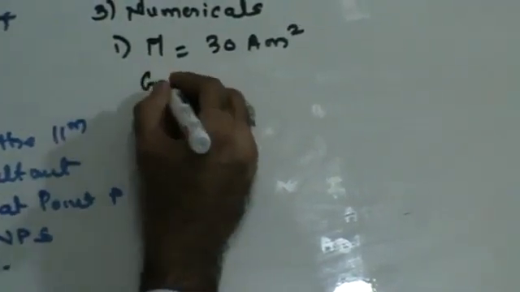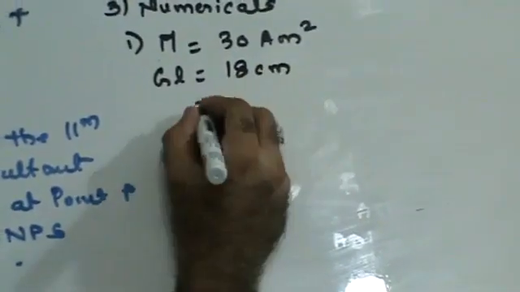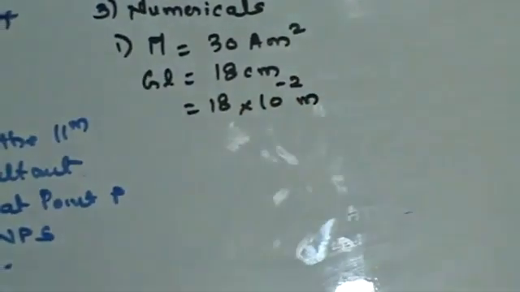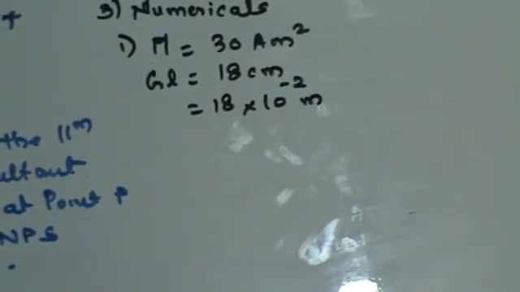Its geometric length is 18 centimeters. Find the pole strength.